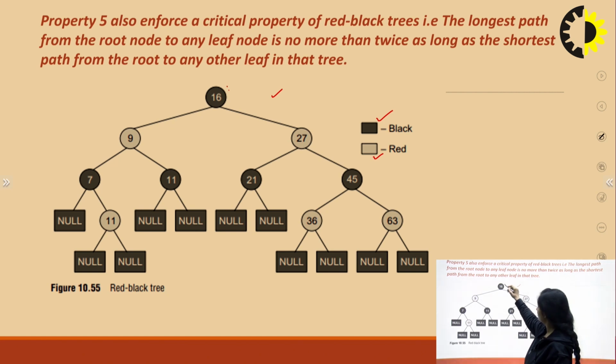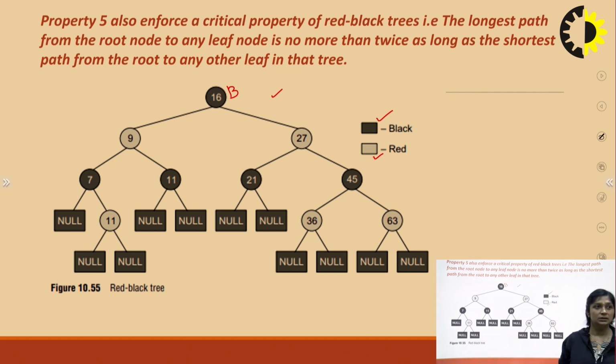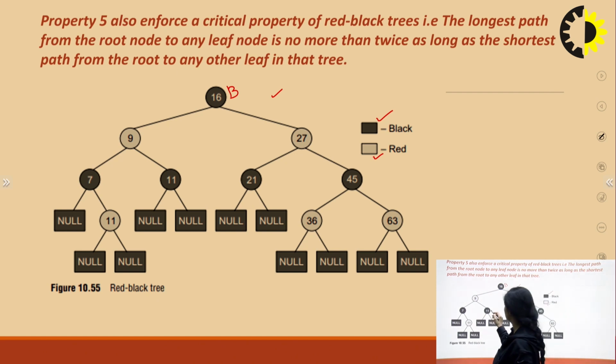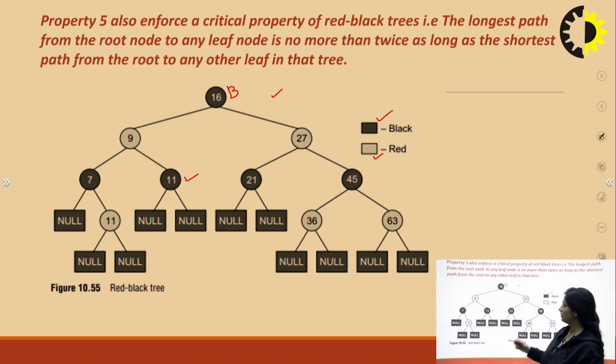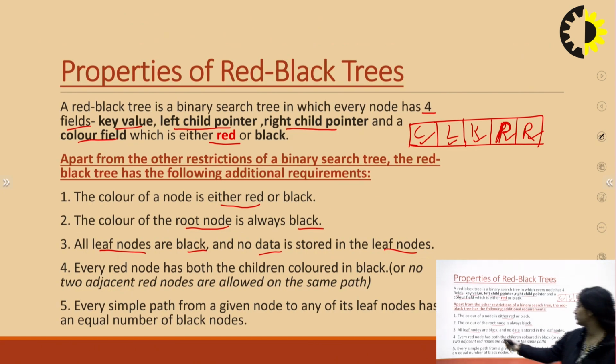Root node is always black and every red node has always two children, and they are either black or red. This is the fourth property. Every red node has both children colored black, or no two adjacent red nodes are allowed on the same path. It means every red node has always two children.